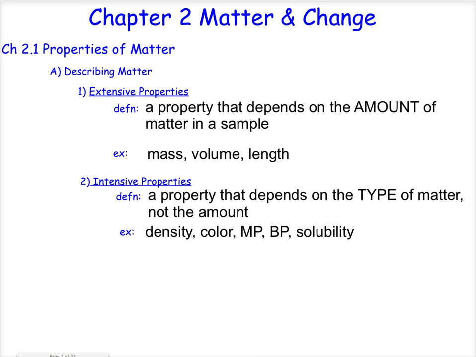Examples here include density, color, MP is melting point, BP is boiling point, and soluble, whether or not a substance is soluble in water. All right, so if you know those properties, the density, the color, the melting point, the boiling point, and the solubility, chances are you can identify that substance. Just knowing the mass, the volume, or the length, you can't necessarily identify what that substance is.